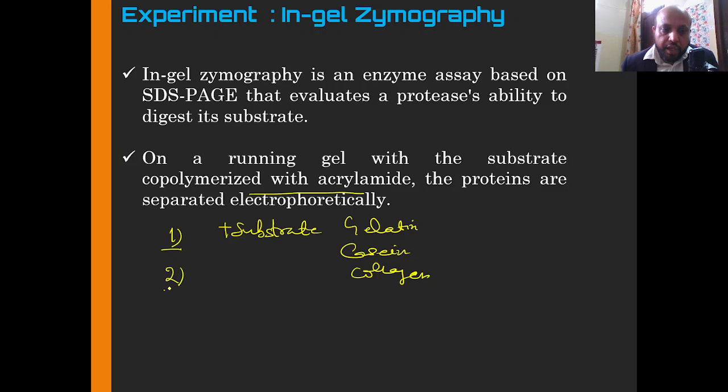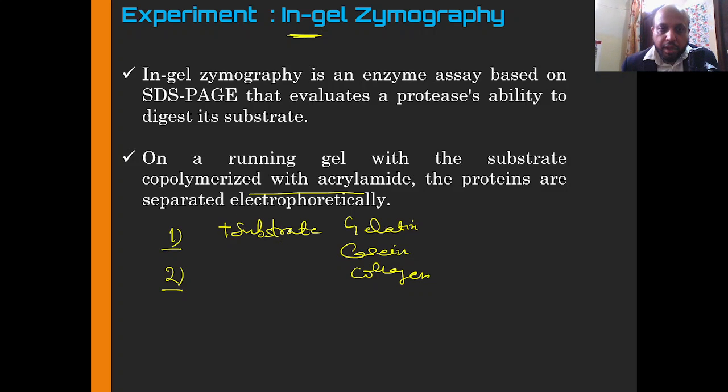The second way which can be done doesn't fall into the purview of in-gel: people can run the gel, because the proteins are there, and then put in the substrate solutions afterwards. But that is a different chemistry, which I may explain at the end.